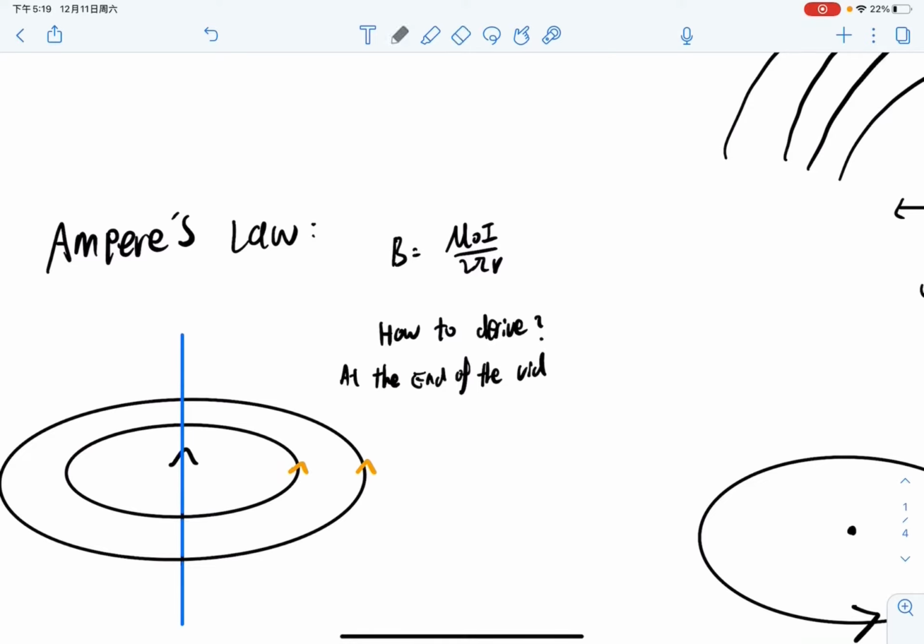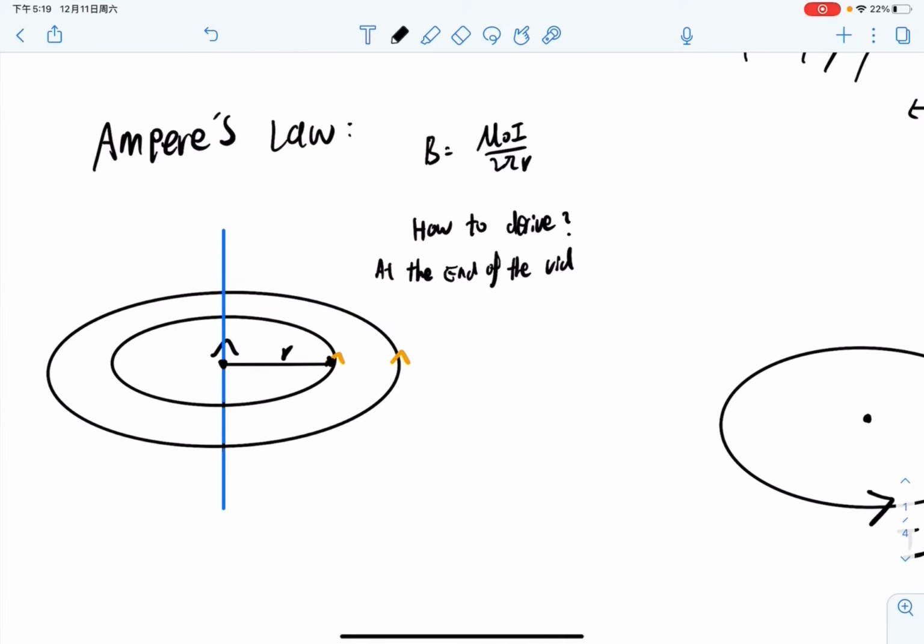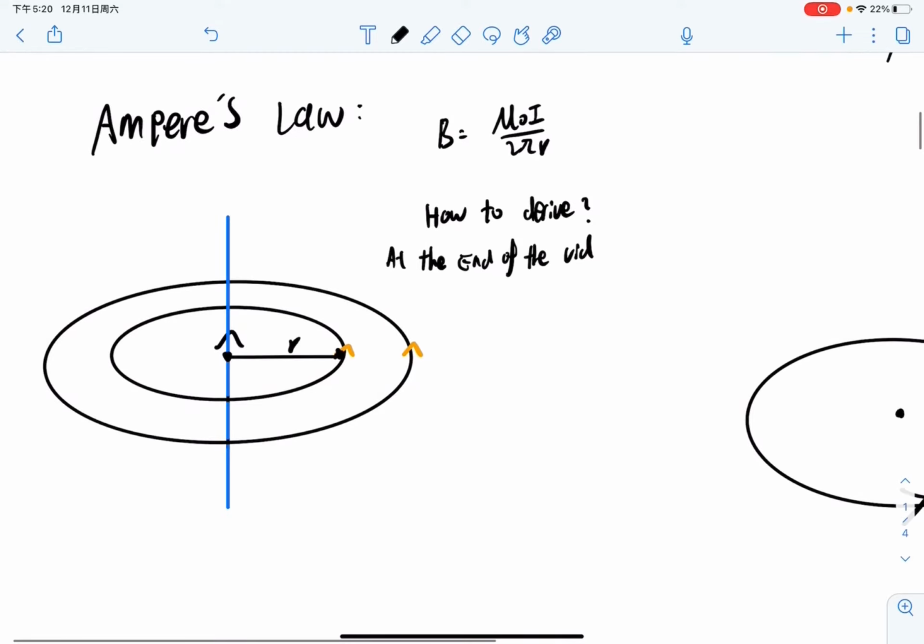So what I mean is that the distance r is this to this. And how is it derived? We might prove it at the end of the video, so if you want to watch it, just go ahead.